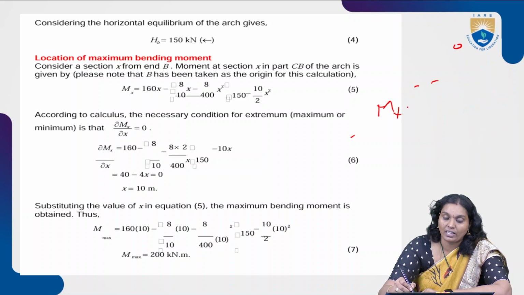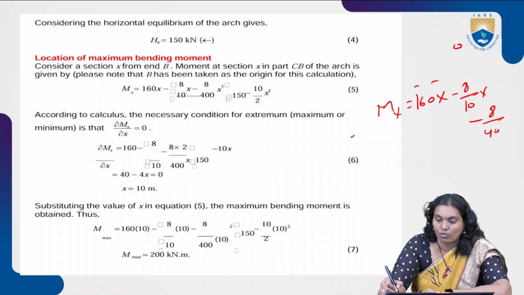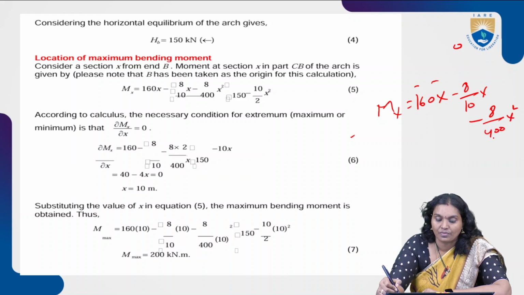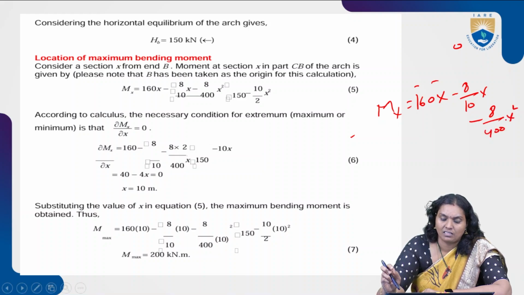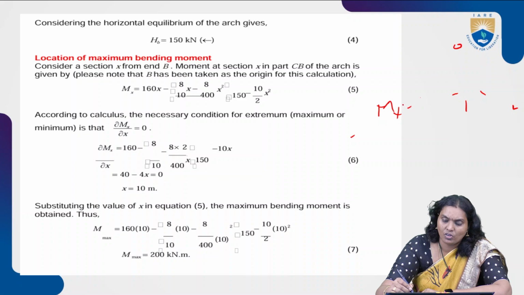M of x is equal to 160 into x minus 8 by 10 x minus 8 by 400 x square. Finally, M of x is equal to 160 into x minus 8 by 10 into x minus 8 by 4000 x square.